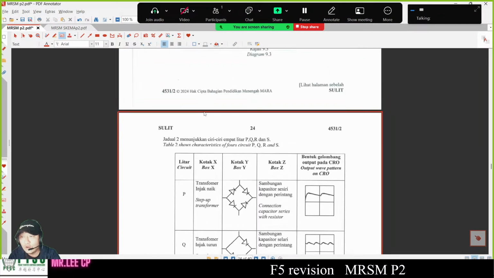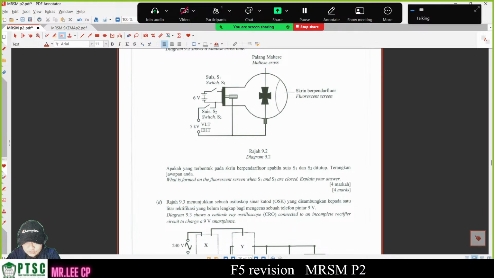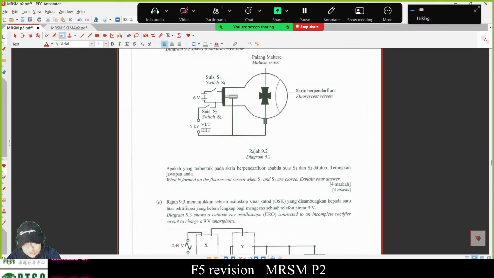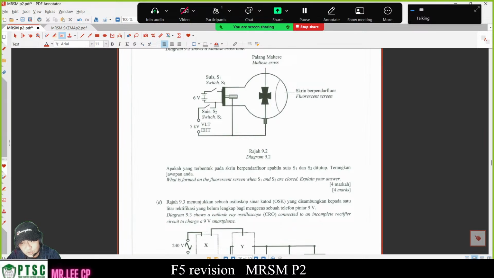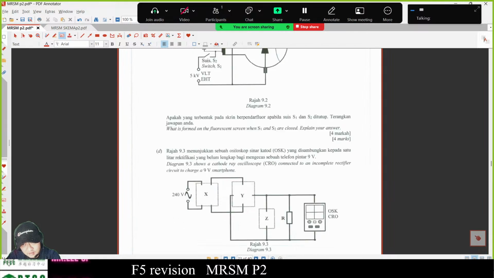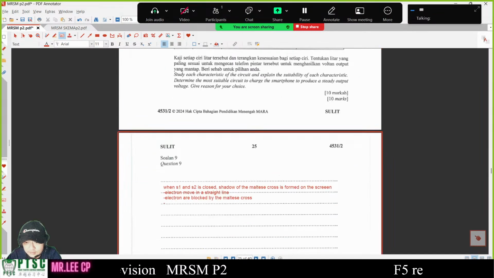So when S1 is closed, right? So the electron thermionic emission happen, right? So the electron are released, emitting from the metal surface, from the cathode. All right, so I just put it in because I don't know where is the mark.